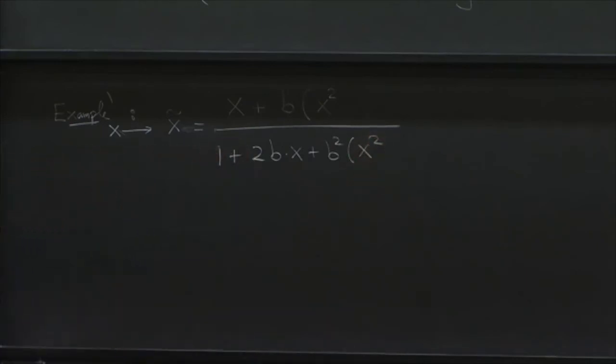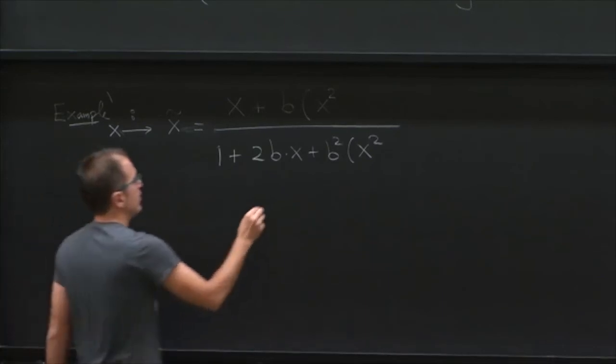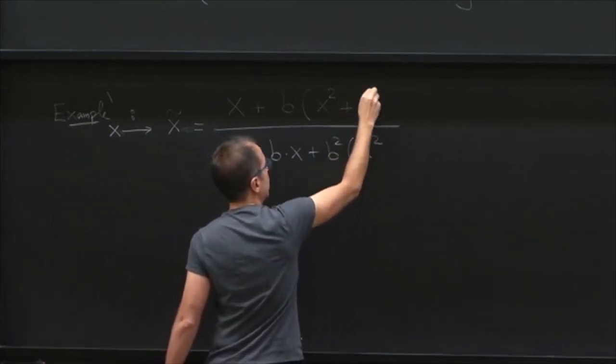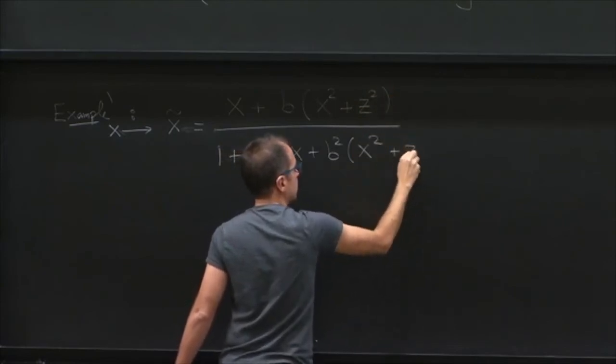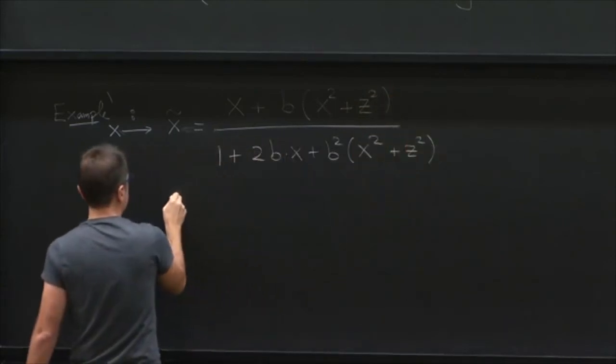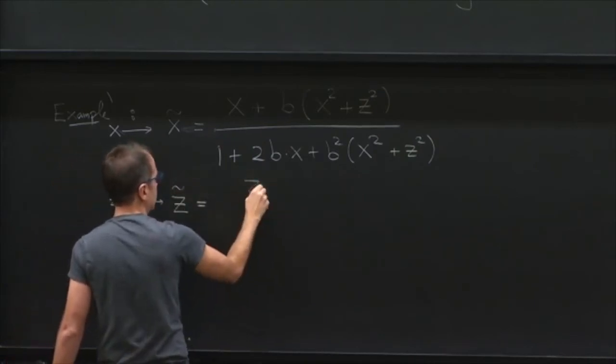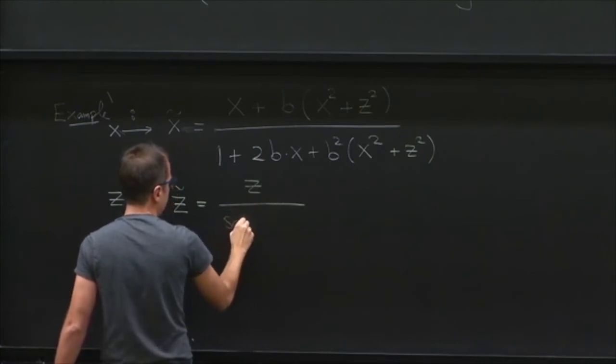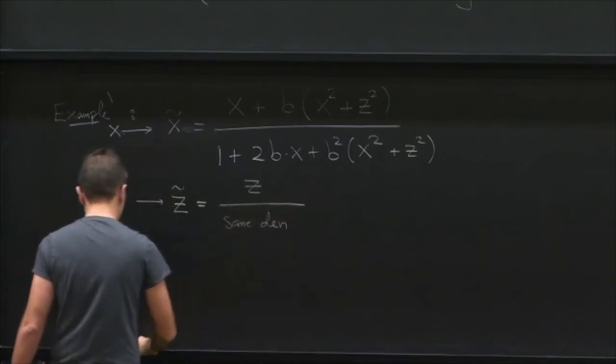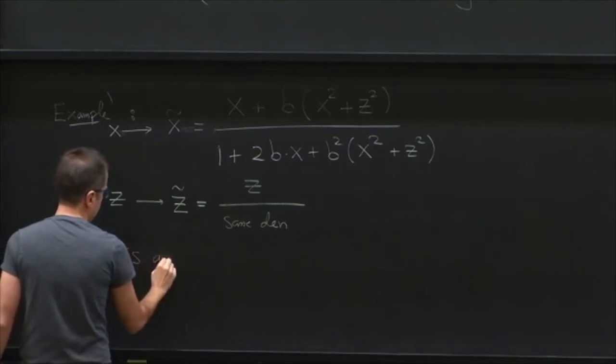If I close the parentheses after what I just started, this would be the usual conformal transformation. Now the claim is that the following, with plus z squared, and z goes to z tilde, which is z over the same denominator, is an isometry.